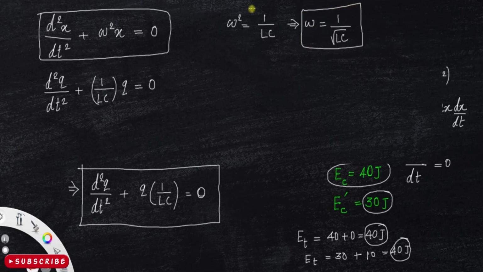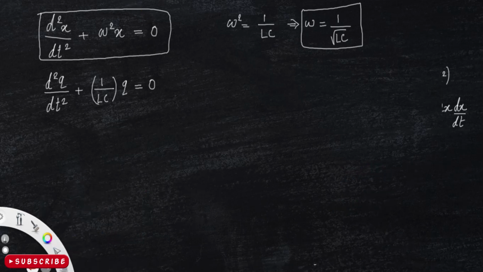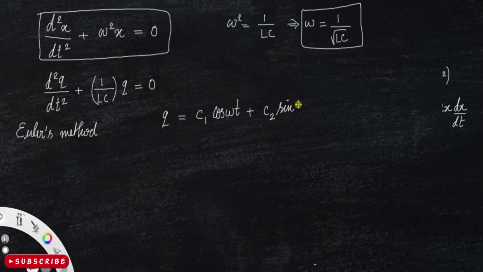Now, according to Euler's theorem, or let's say Euler's method, the solution of this differential equation is of the form q equal to c1 cos omega t plus c2 sin omega t.